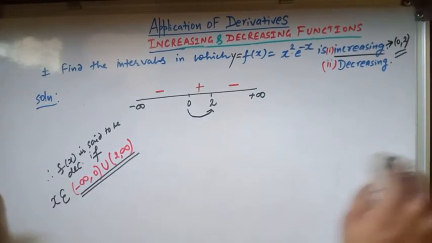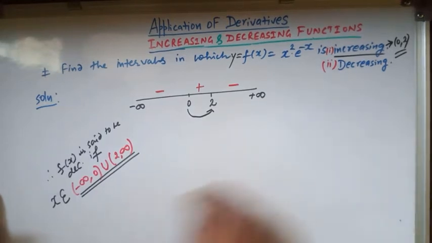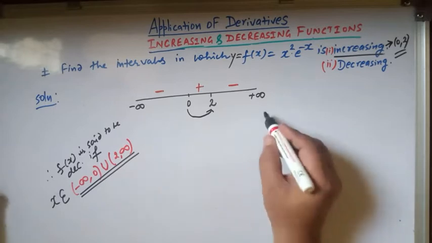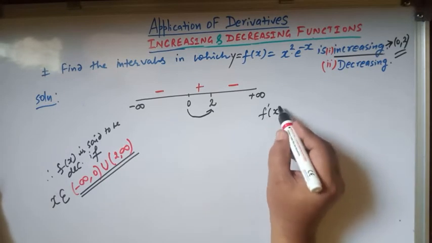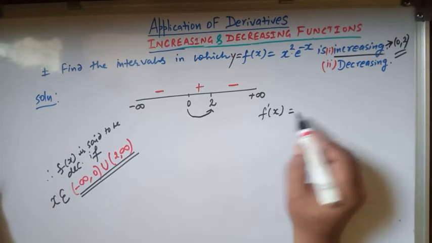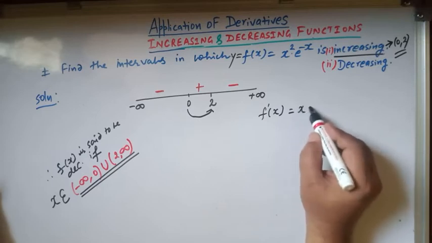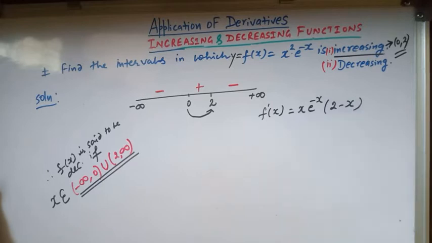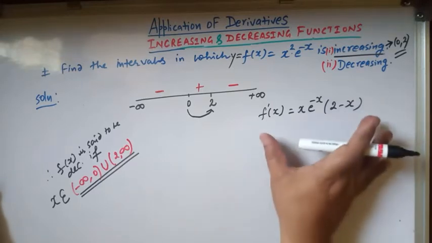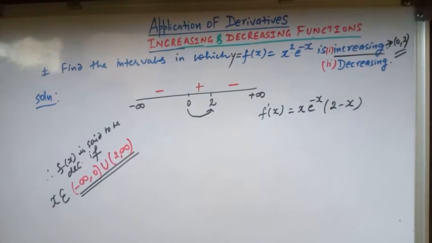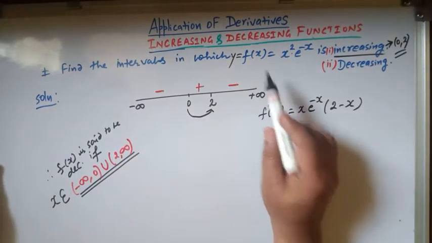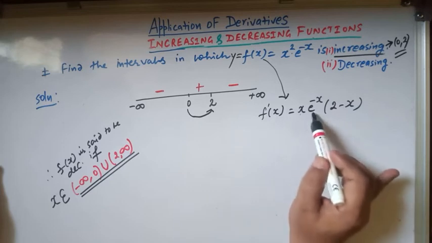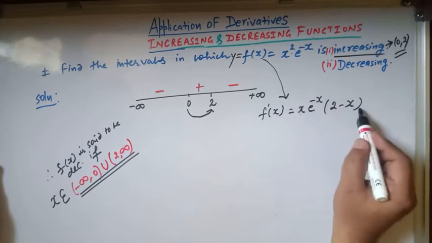Okay, now viewers, here I am going to tell you one more thing. So we are analyzing this question, and we have f dash x, the derivative of f, as x e raised to minus x times 2 minus x. Clear? So we calculated the derivative of this function as x times e raised to minus x times 2 minus x.